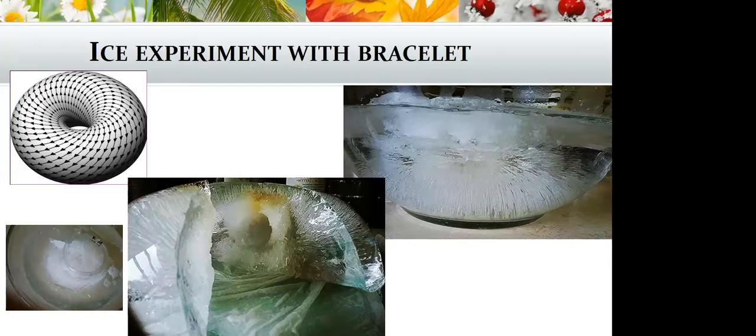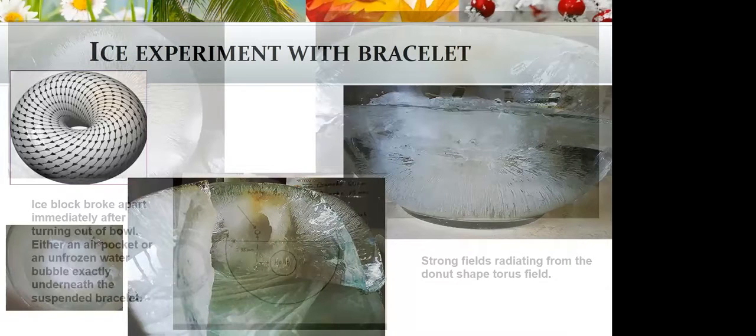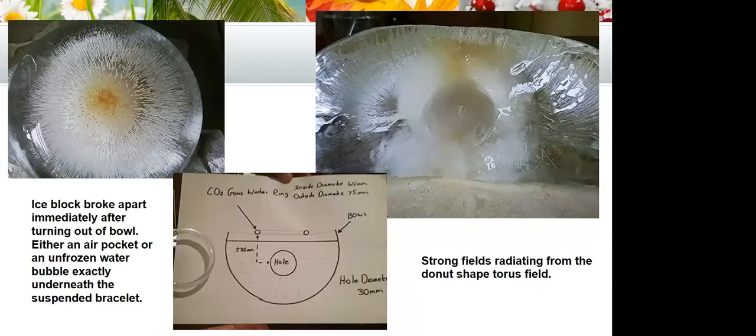But as you can see, there's a definite torus field energy that created such a strong field in the center that the ice wouldn't form there. So that was just another couple of pictures and where the hole was, because I was trying to figure out whether this had created some kind of an extra plasma field there, and I think this is what it does.